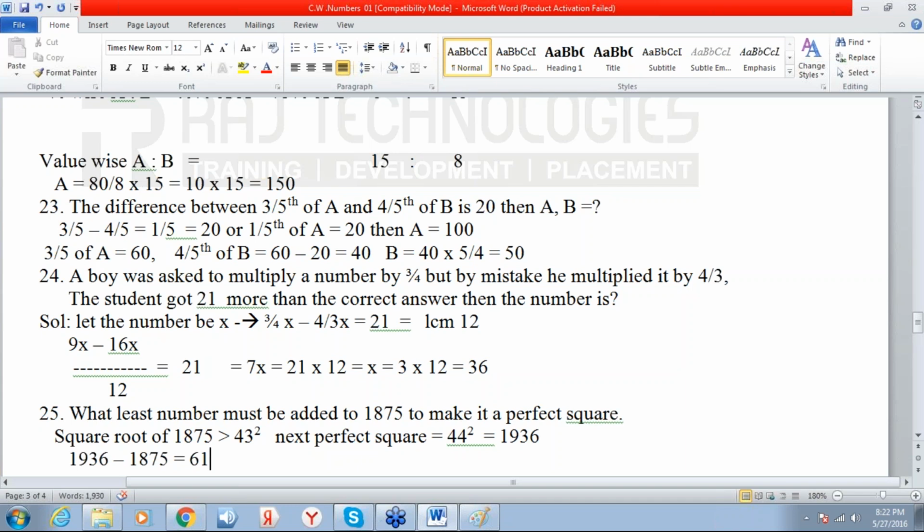Right? So 61 is to be added. What least number must be added to 1875 to make it a perfect square? The difference from 1875 to 1936 is 61. So 61 is to be added.